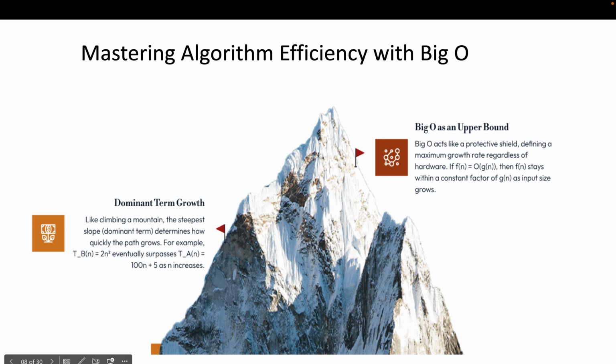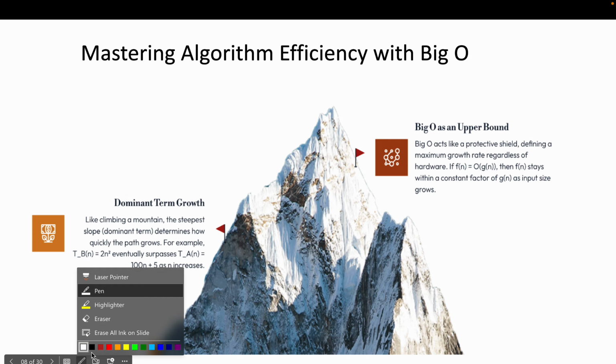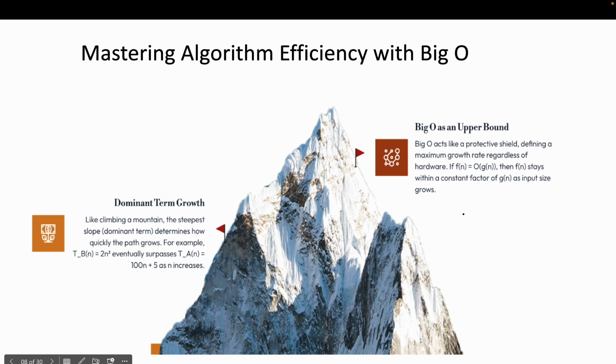One of these notations is big O. Big O is like an upper bound. It shows the maximum growth rate.